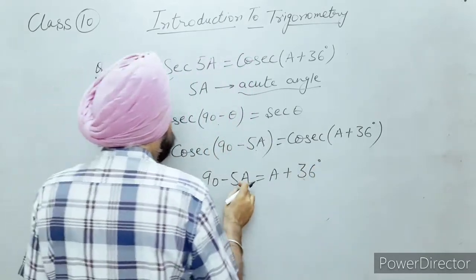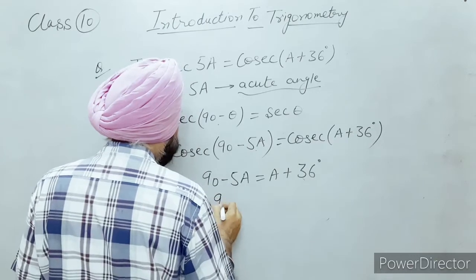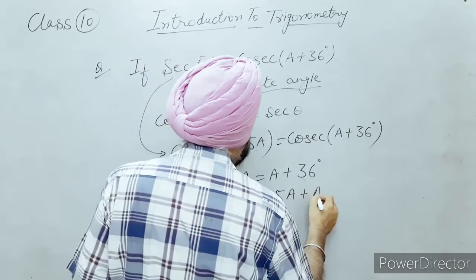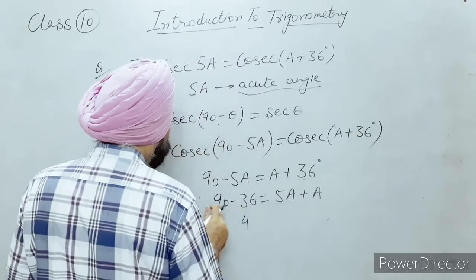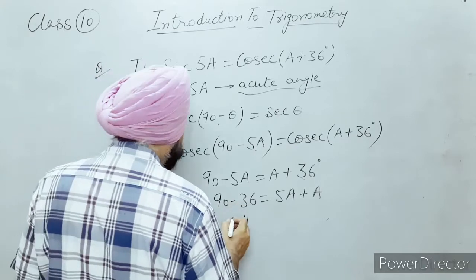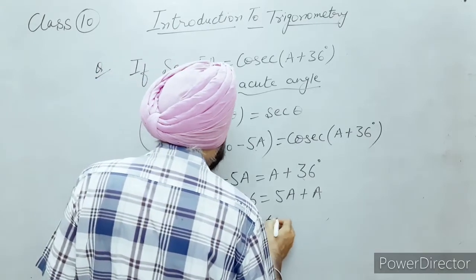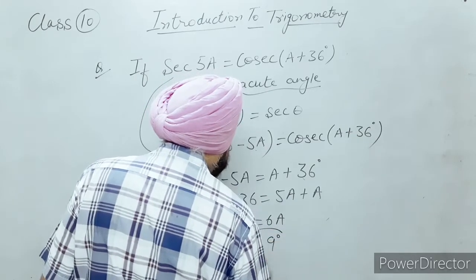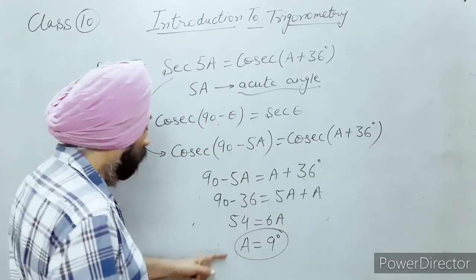Now 90 minus 36 is equal to 5a plus a. 90 minus 36 is 54, equals 6a, or a equals 9 degrees. Right? A is 9.